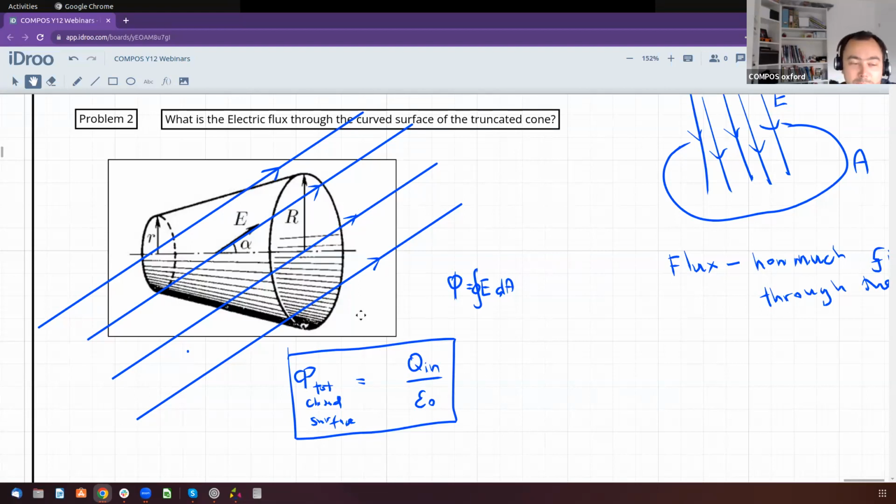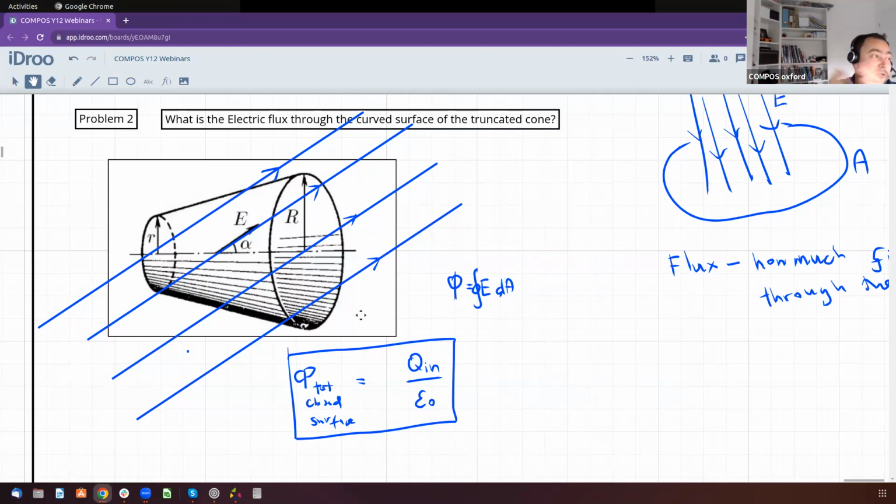If you had a charge inside the cone, the charge would produce a field in an outwards direction. There is no charge, because if there was a charge, the field wouldn't be uniform, unless it's a very elaborate system where somehow the charge has a distribution.